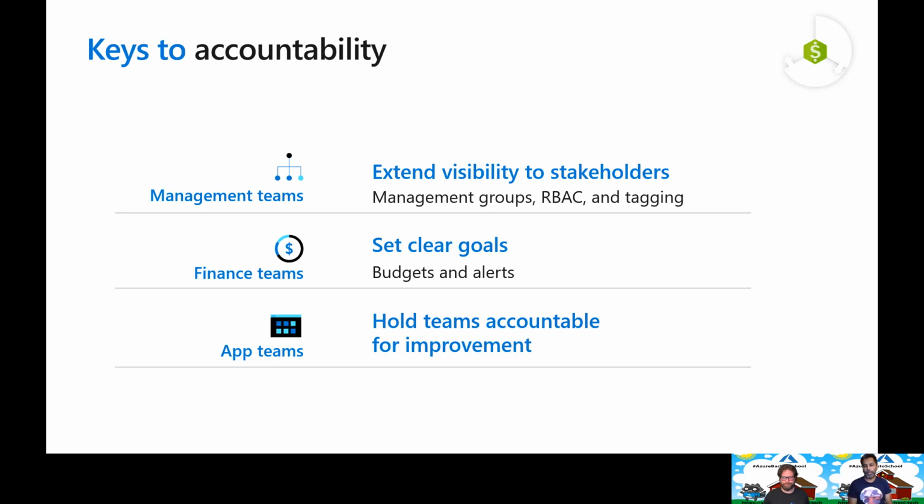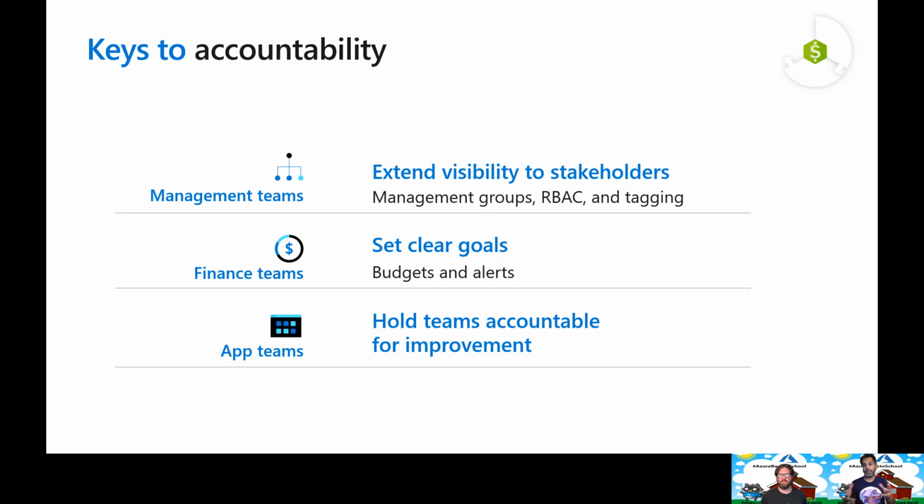Once you have the root management group, you can set up subscriptions, then resource groups, and under resource groups you have all the resources. So it's really a layered approach. From a cost management standpoint, you have to define how everything is going to be defined.